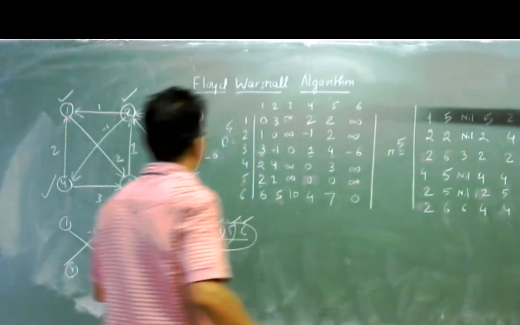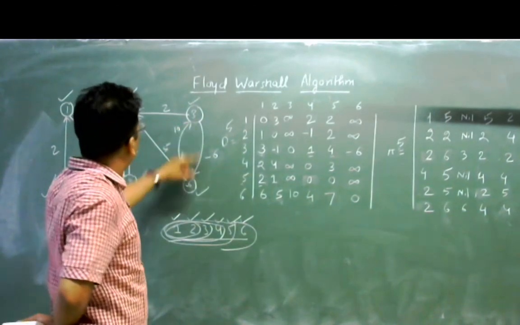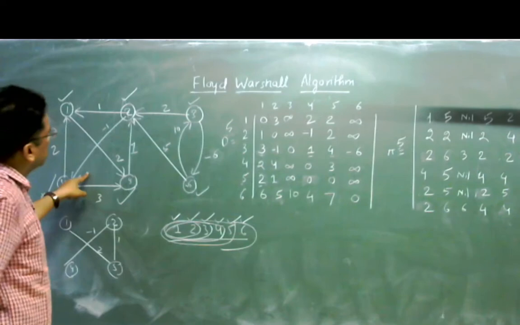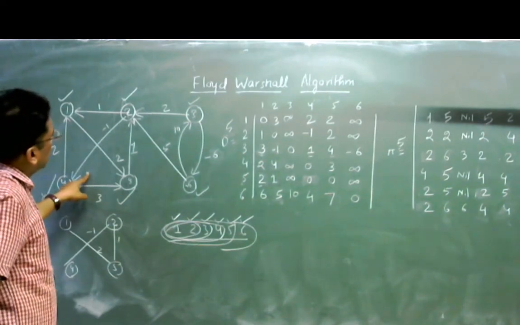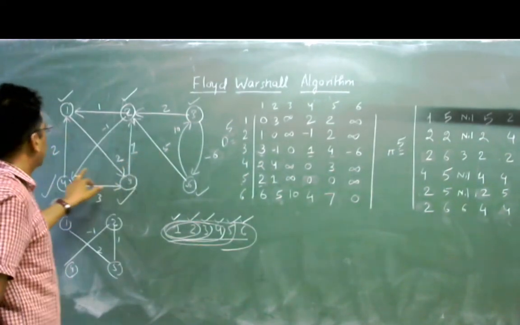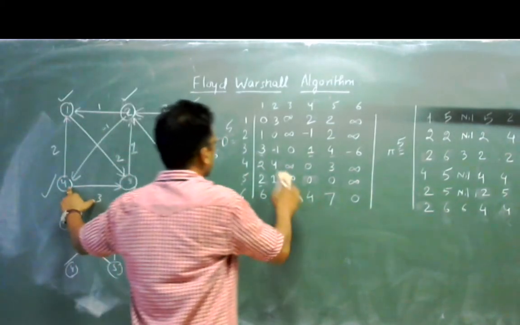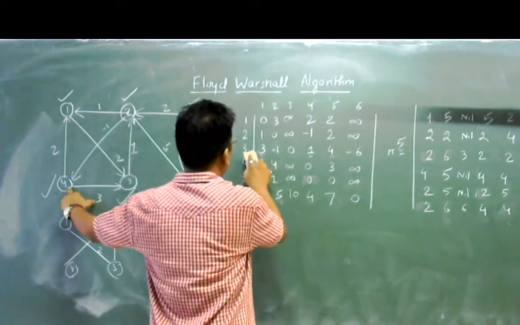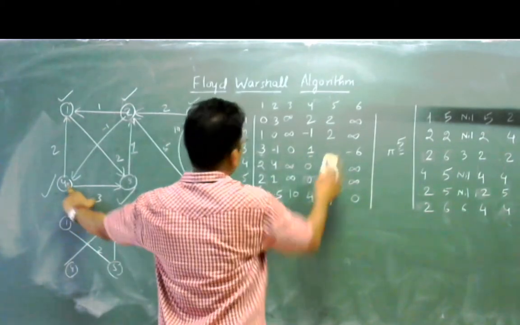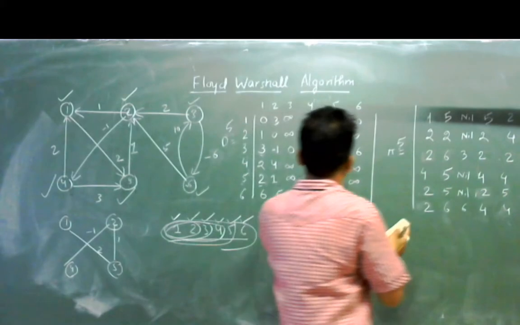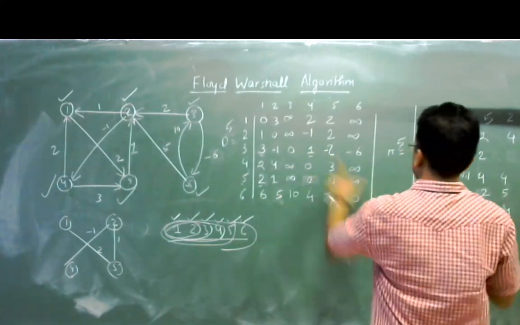And now for the node number 3, -6 plus 5 and -1. So -6 -1 -7 plus 5, so it would become -2. Distance to 4 becomes -2. So it has been done through the node number 6.